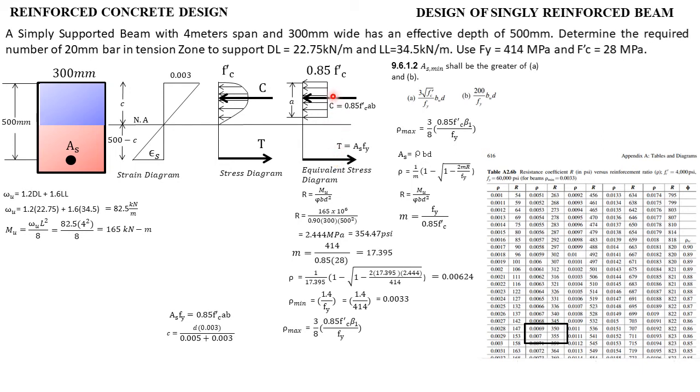Okay, so pag lumaki ang value ng C, lalaki ang value ng A. Okay, so pag lalaki ang value ng A, lalaki ang value ng C. And at the same time, bababa ang neutral axis natin.